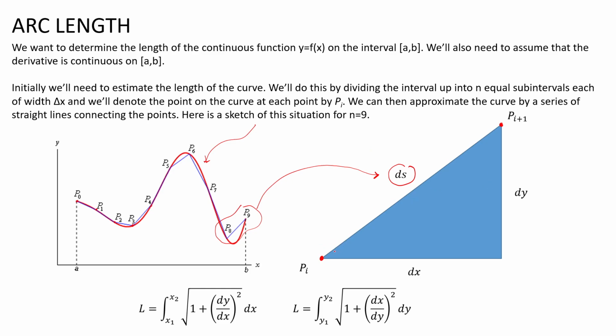If we create a right triangle in this figure, the y aspect is your differential y, and your horizontal distance is your differential x.